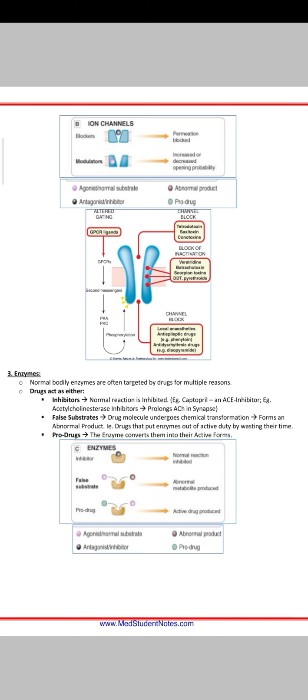The permeation layer is blocked by blockers, and modulators increase and decrease the opening probability. Next is agonist: normal substrate or abnormal product, or agonist inhibitors, and prodrug.